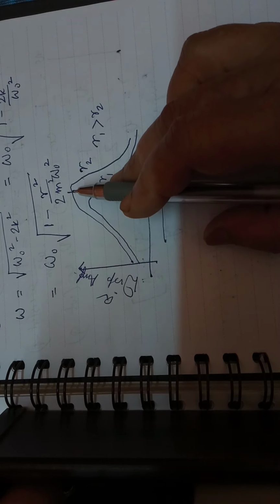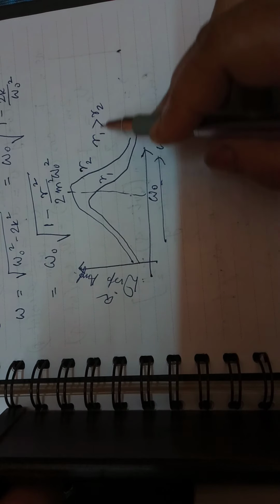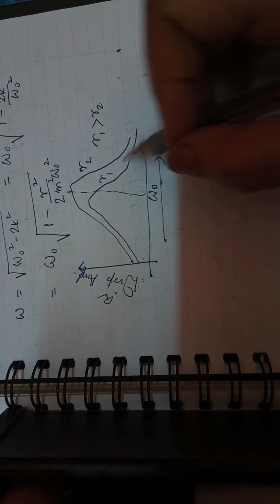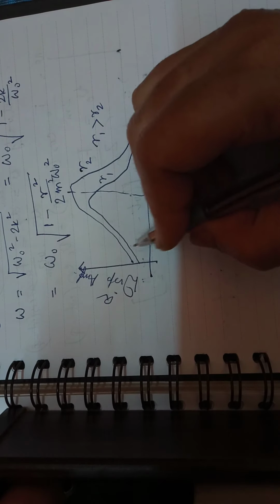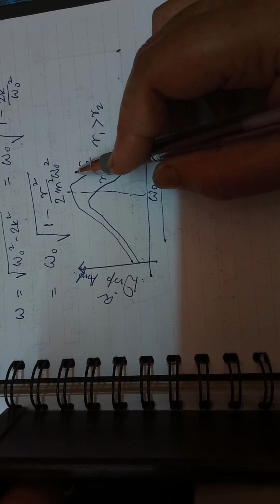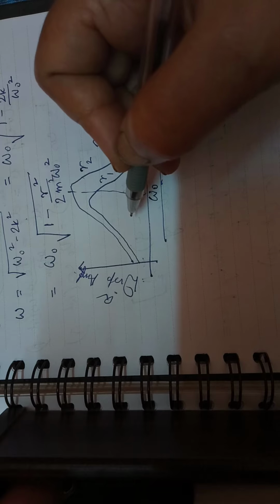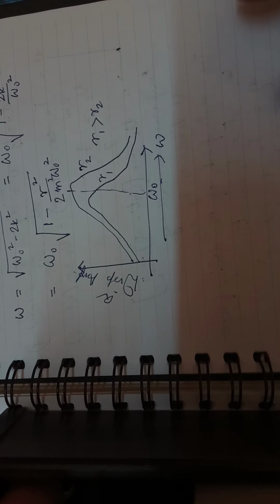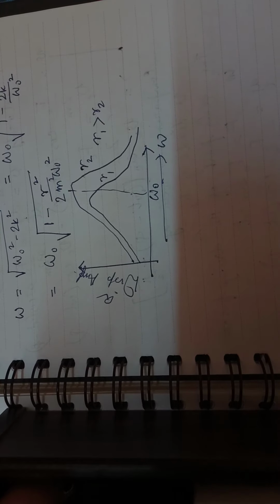This maximum amplitude occurs for different values of damping. R1 greater than R2: if your damping is large, you get lower values; if your damping is small, you get sharp, higher values of amplitude for amplitude resonance.